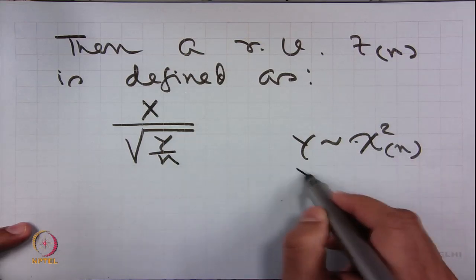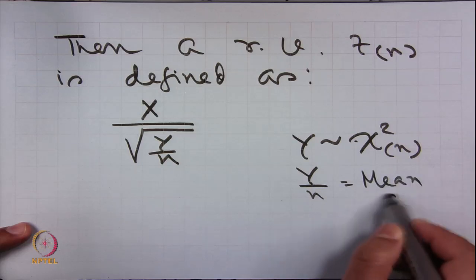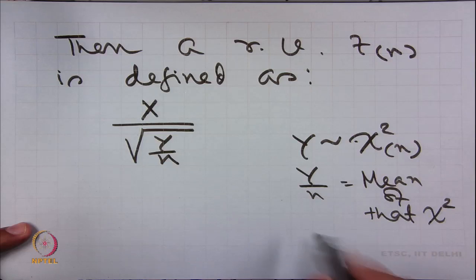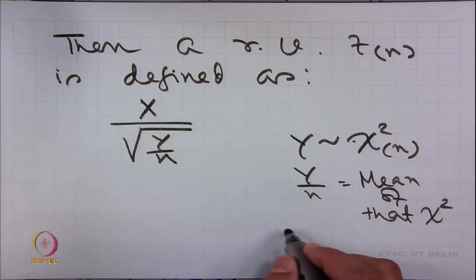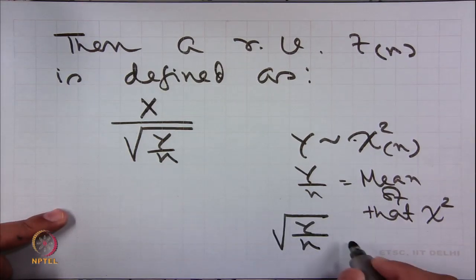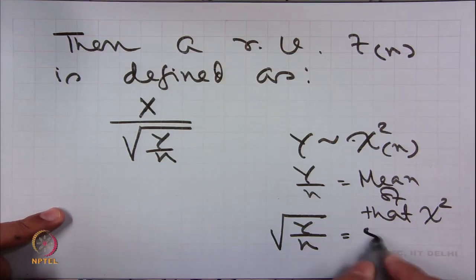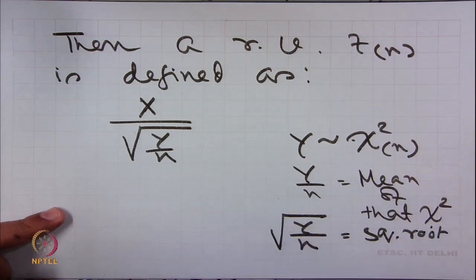therefore, y by n is the mean of that chi-square, and root over y by n is equal to the square root of that.